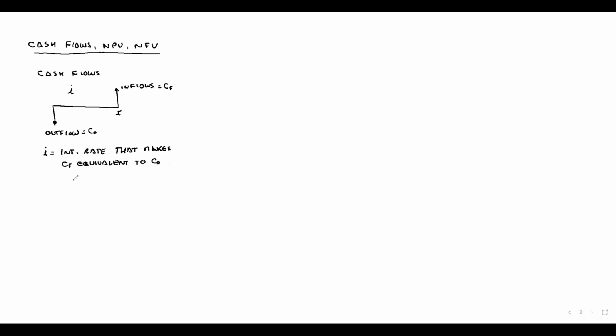So what equivalent means is that the present value of the future value CF is exactly the same as the present value of C0. Right? So this is equivalent. So in finance, guys, when you have equivalent monies, you can sum them, you can subtract them, you can multiply them, etc. But you need to have them all together in the same period of time. Right? This particular cash flow, as soon as you invest first and then you receive the fruits of your investment in the future, is called an investment cash flow.